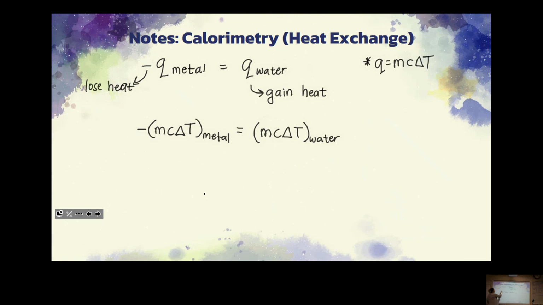This is still mass, this is still your change in temperature, final minus initial, and this is your specific heat value that you are going to get from a table or a chart, or it'll be outright stated in the problem that I give you.